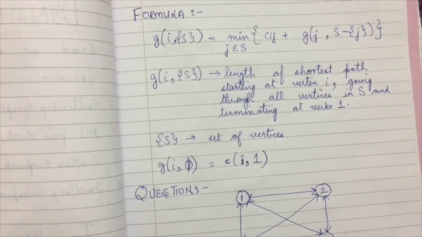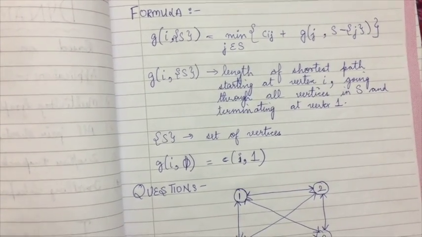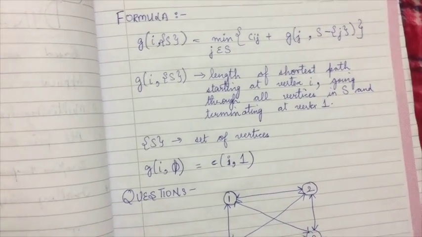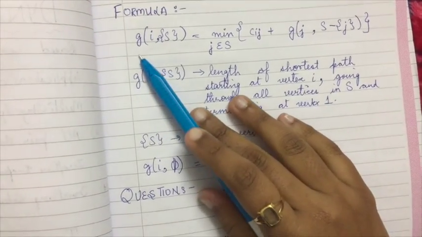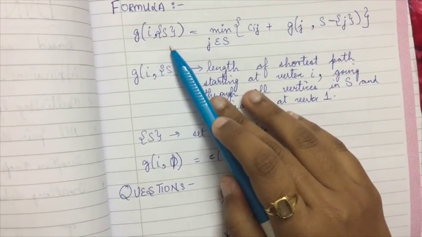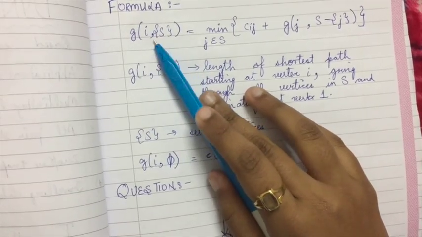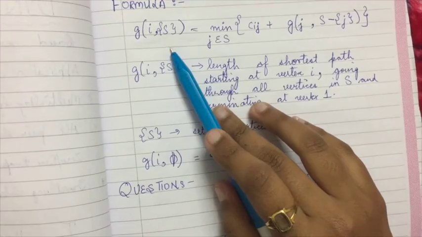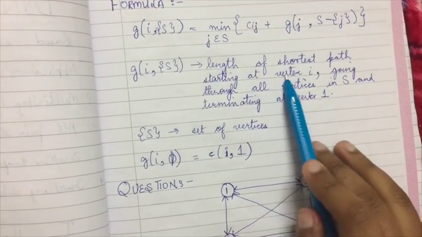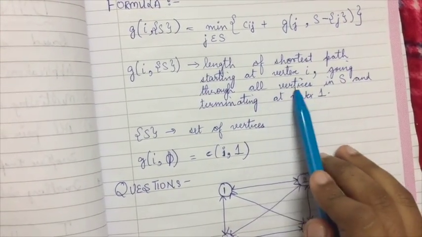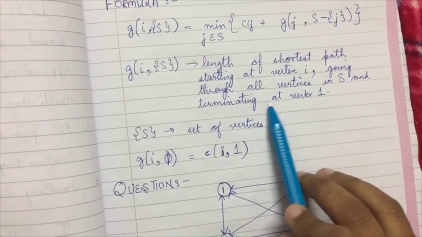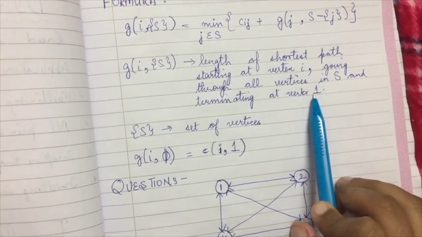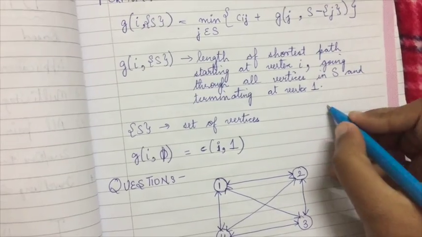So let us see a problem. First of all, let us look at the formula for the traveling salesperson. We have to find g(i, S). What is this g(i, S)? It means the length of the shortest path starting at vertex i, going through all the vertices in S and terminating at vertex 1. Suppose I start from vertex 1.